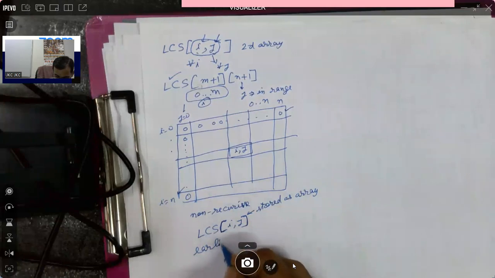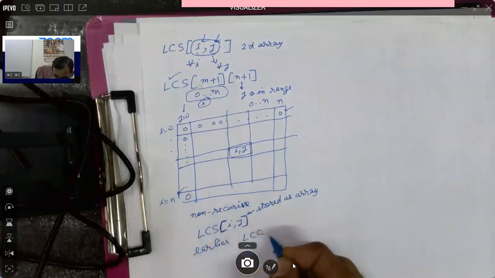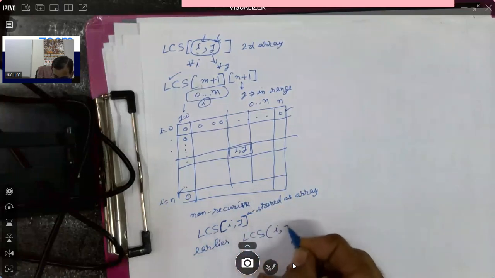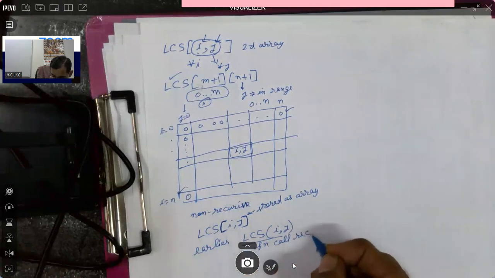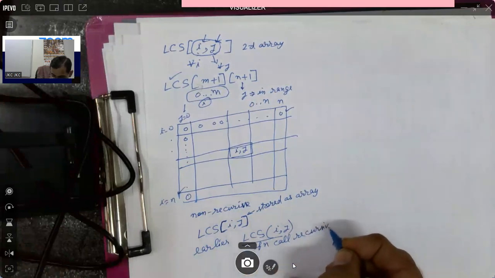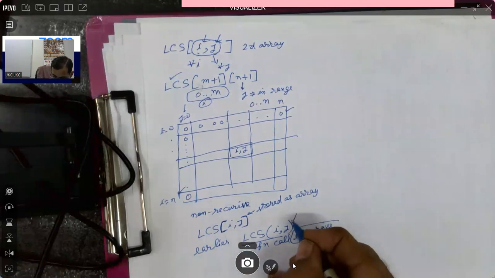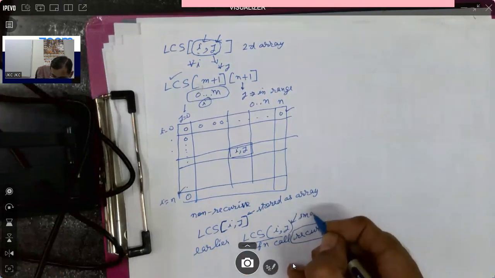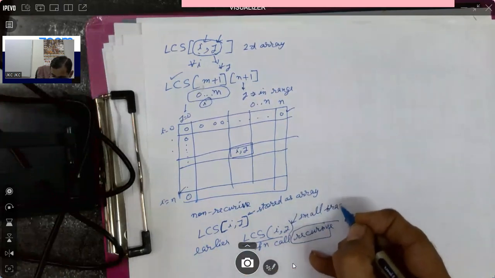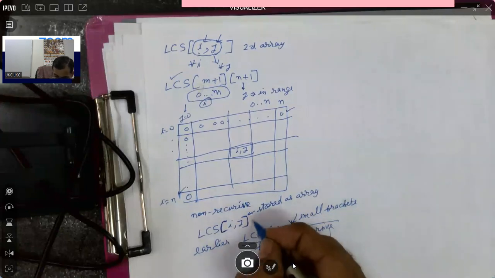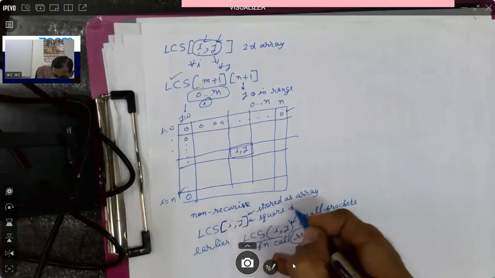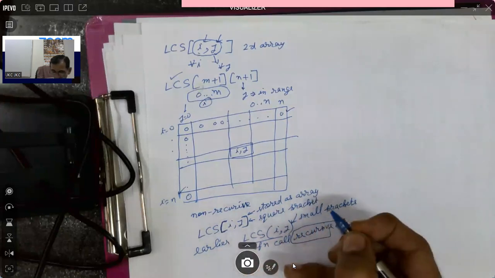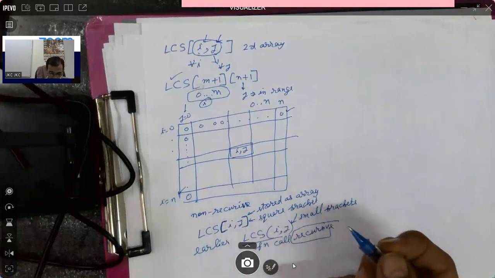Earlier, what we wrote was LCS with 2 parameters, so it was a function call, effectively a recursive function with 2 parameters. During recursive calls we were using small brackets, and now when we are able to store that, we are using square brackets. That is the way we differentiate my DP solution versus the recursive solution.